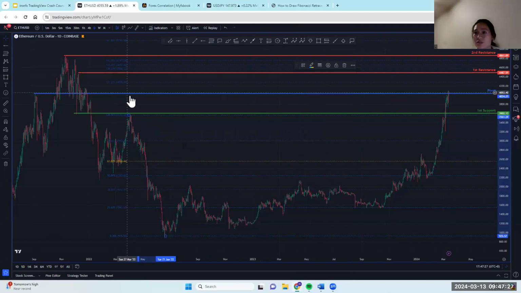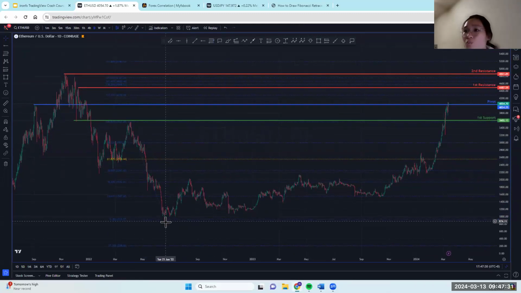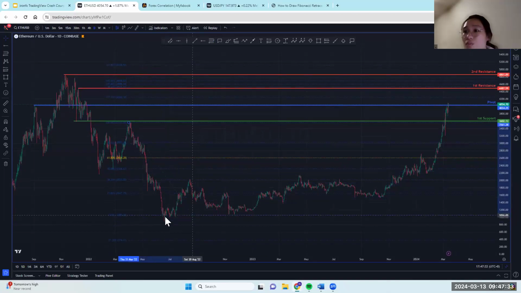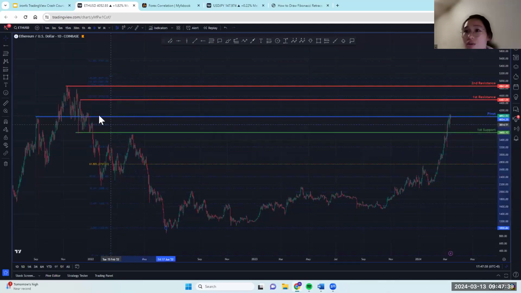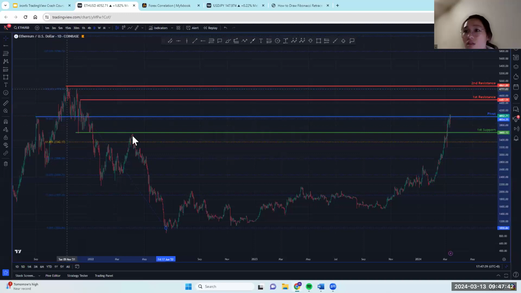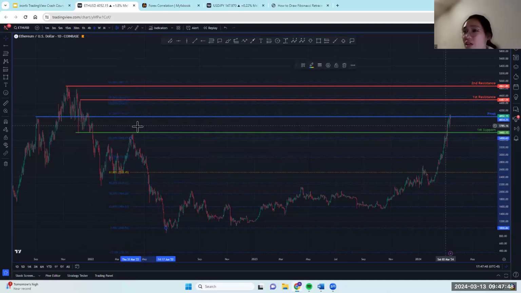All fibs can see my, okay, my 127. Actually, this area lines up with our first resistance. 127 also lines up with our pivot.